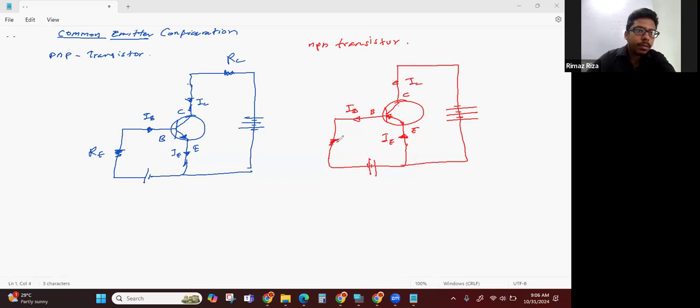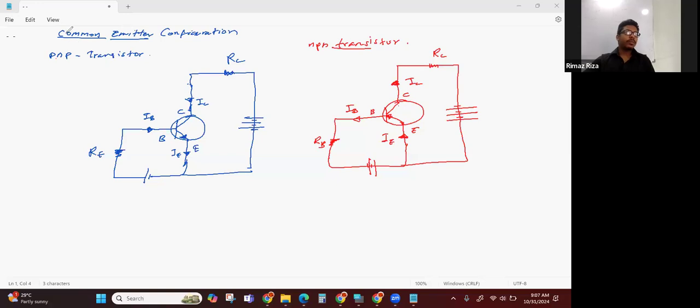And to give the input, RB, input resistor, and the output resistor RC. Okay. Yeah, now done. So that's all. It's very simple drawing the circuit.